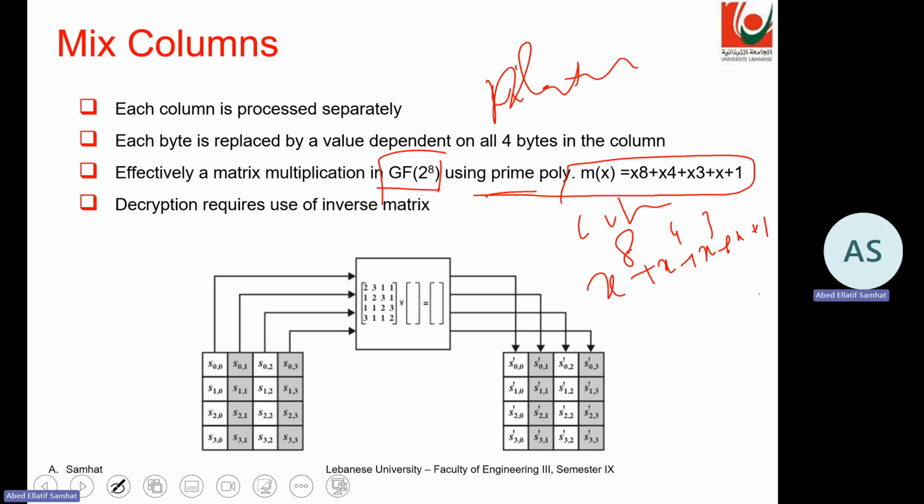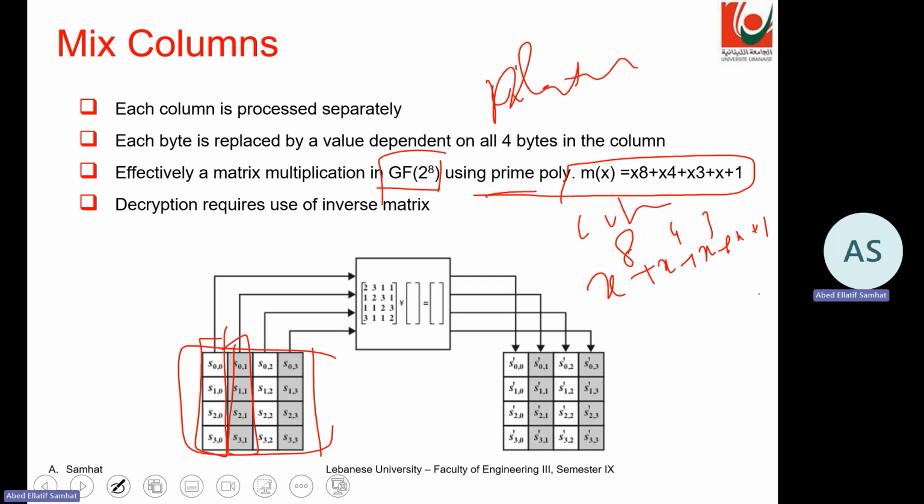The state is represented, as we said, by a 4x4 matrix. Each column will contain 4 bytes. And each column is transformed into a new column using a mathematical operation.